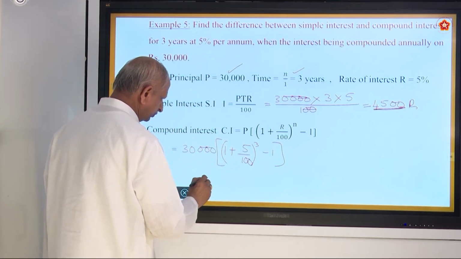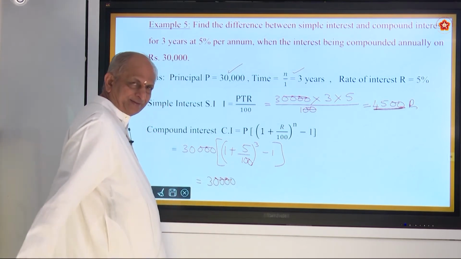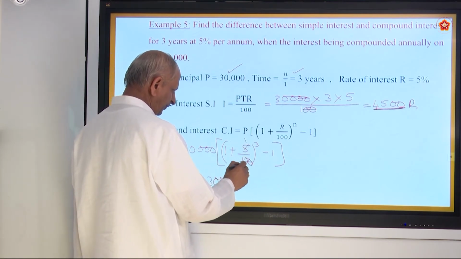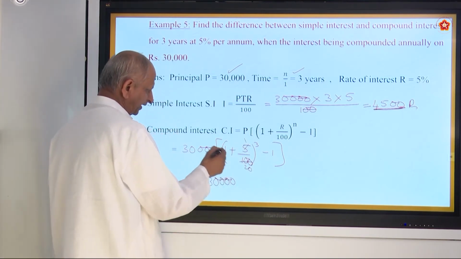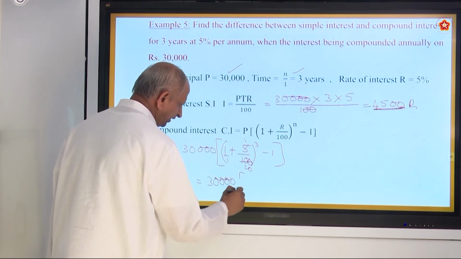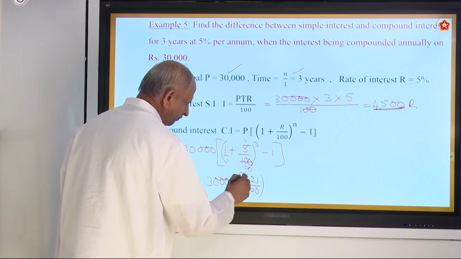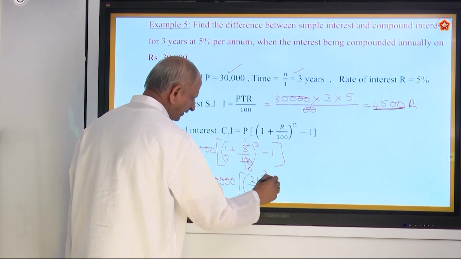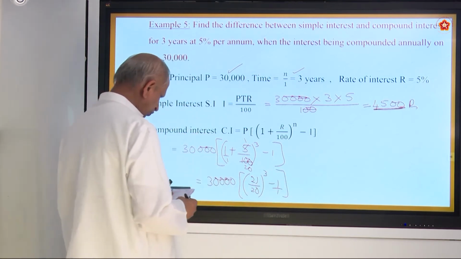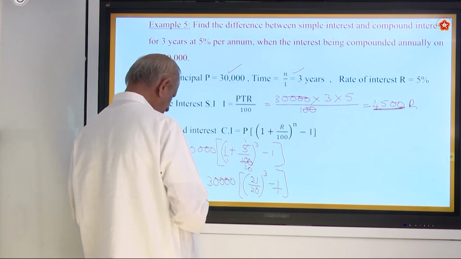Write down, don't keep quiet, go on writing down, okay? 5 ones are 5, 20s are 100. Take LCM, that is 20 plus 1, 21 by 20 cube minus 1. So 21 cube, how much did it come? We already did it. It was 9261.